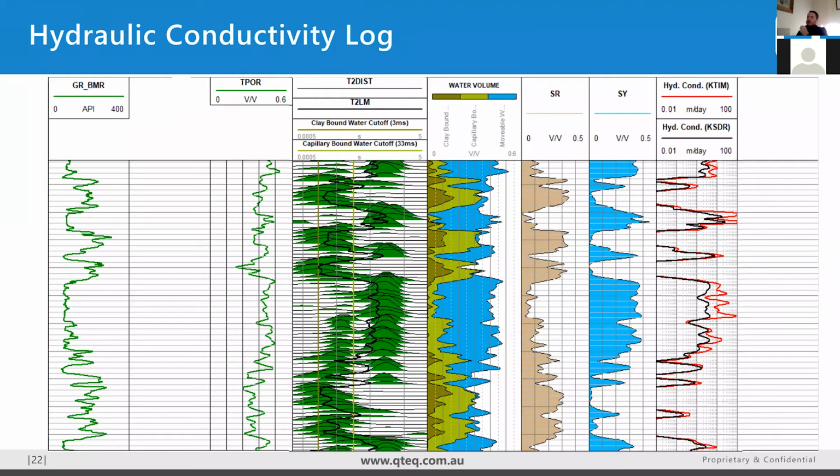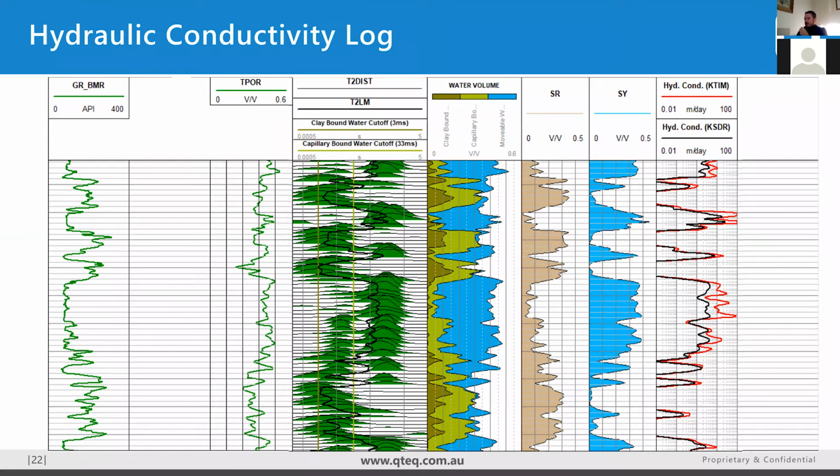So once we have either our T2 log mean up here, or our volumes of bound water and free water, we can use those equations that I showed you before to calculate permeability and then convert it to hydraulic conductivity. And now we get our two equations for hydraulic conductivity.